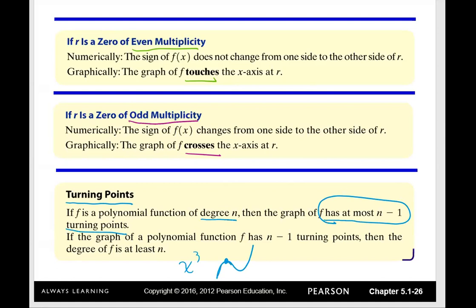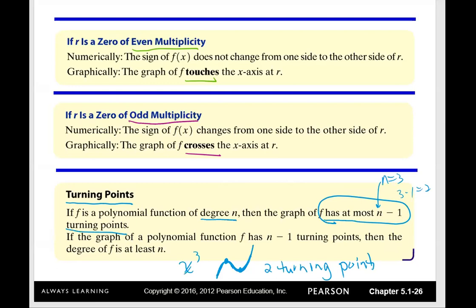I go up, I go down. And then this one is I go down and go up. You're switching from increasing to decreasing and then decreasing to increasing. That's 2 turning points. And of course, if it's an x cubed, n would be 3, and 3 minus 1 is 2.